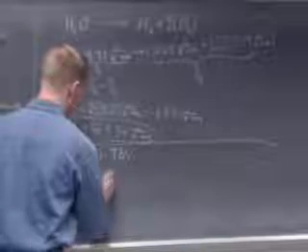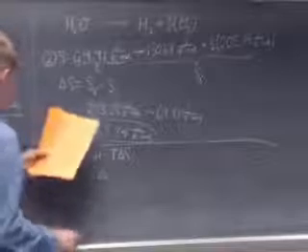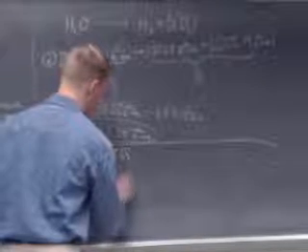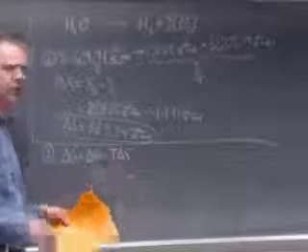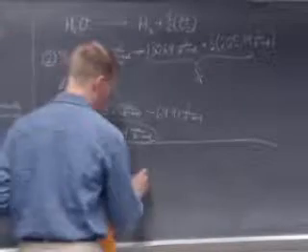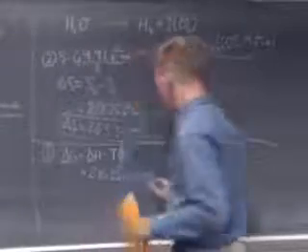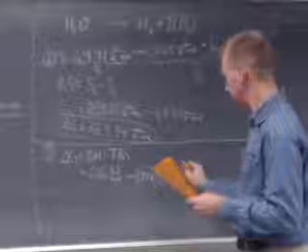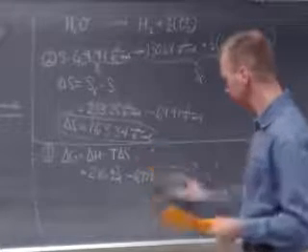So, I'm just going to round it off, I admit. 286 kilojoules per mole minus, if we're at room temperature, 298 degrees Kelvin, often rounded off to 300. I'm going to put in 298 degrees Kelvin times the change in the entropy, 163 joules per Kelvin times moles.